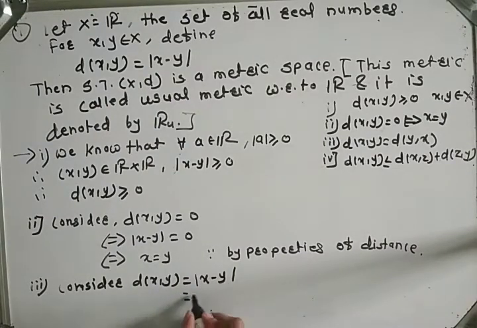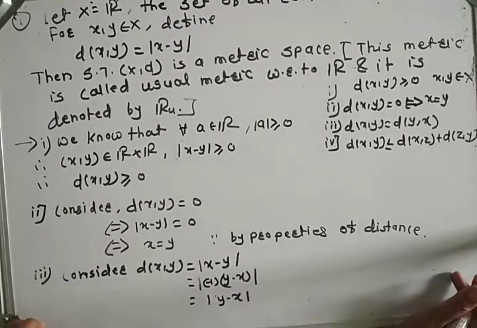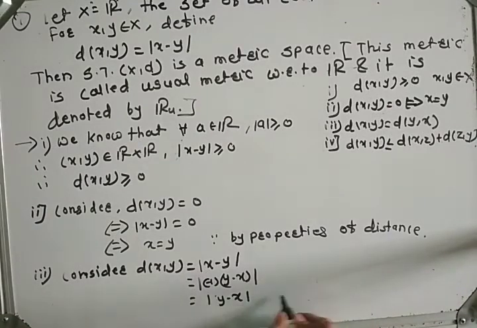This can be written as mod, I take minus sign as common, minus into y minus x, which is equal to mod y minus x. Here we can give the reason, since mod of minus 1 is equal to 1. This can be written as d of y comma x. Hence, d satisfies symmetry property.